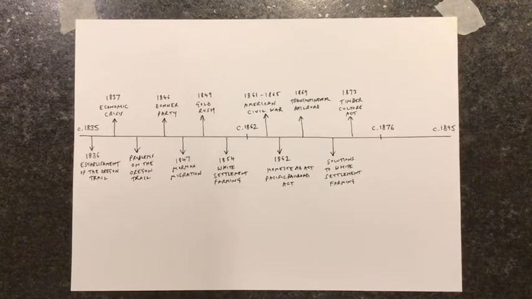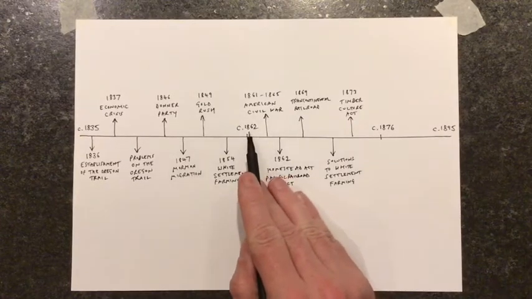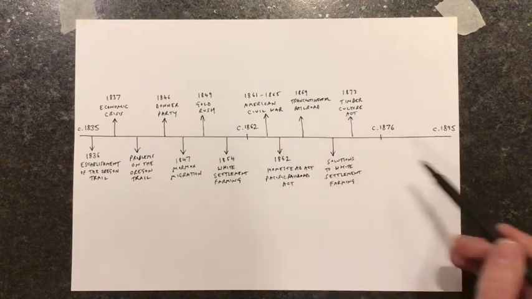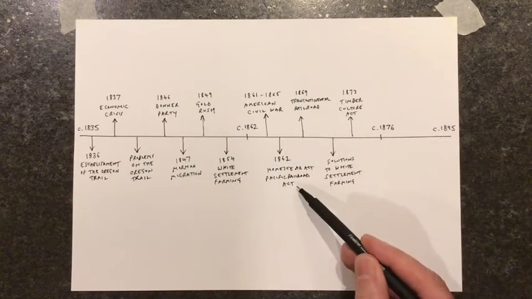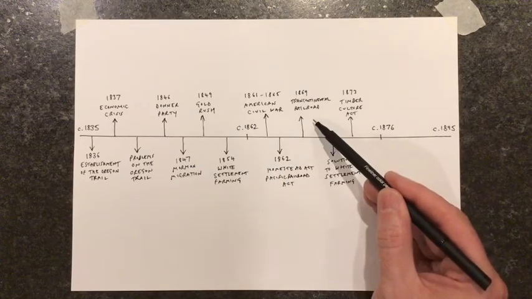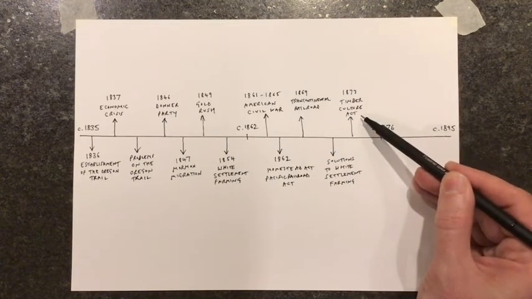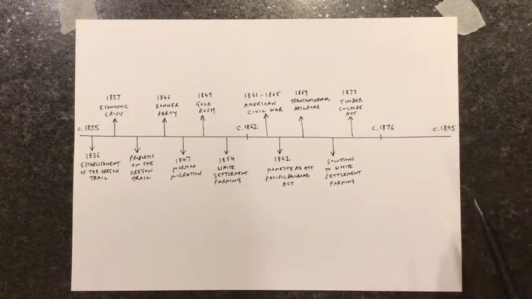Okay, so now you can see those 5 events from the period 1862 to 1876: American Civil War, Homestead Act, Pacific Railroad Act, Transcontinental Railroad completed, solutions to white settlement farming, and the 1873 Timber Culture Act.